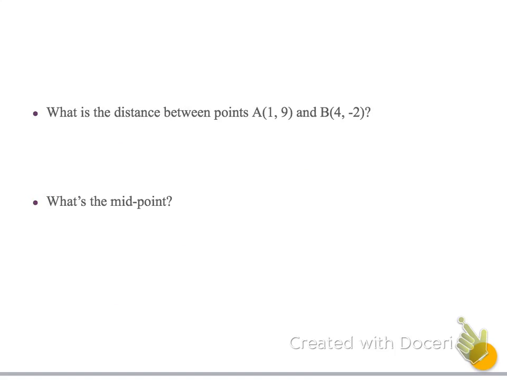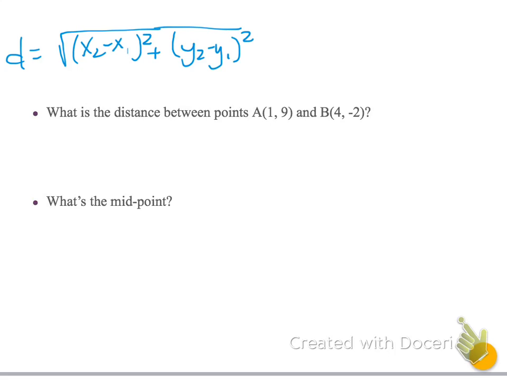What is the distance between A, which is (1, 9), and B, which is (4, -2), and what is the midpoint? So for the distance, we need to do the distance formula. So I put the distance formula at the top, so let's go ahead and do x1, y1, x2, y2.